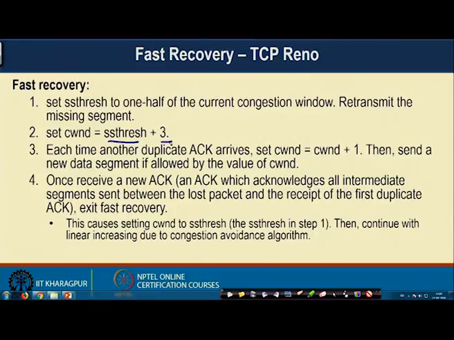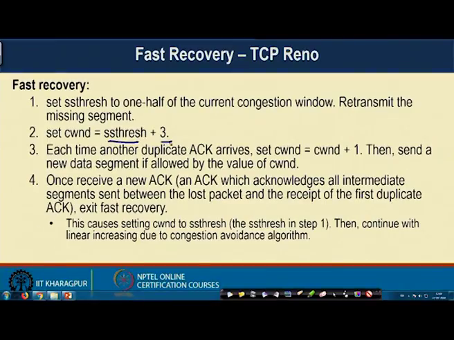Why 3? Because you have received 3 duplicate acknowledgements, that means the receiver has already received 3 more packets. So, you can increase the congestion window and send 3 more packets to the network, because those have been received by the receiver, although out of order. Each time you receive another duplicate acknowledgement, you set the congestion window to congestion window plus 1. Then send a new data segment if allowed by the current value of the congestion window.